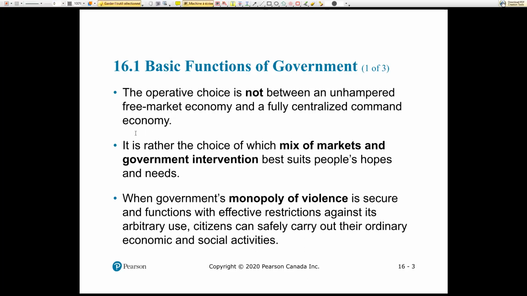So markets, yeah, free markets always exist in some institutional setting.